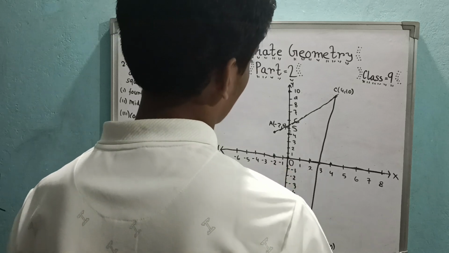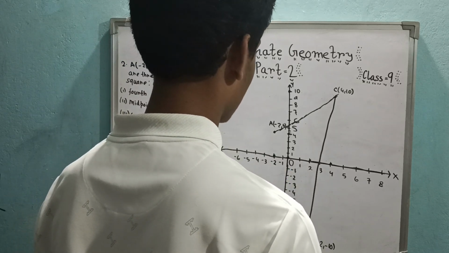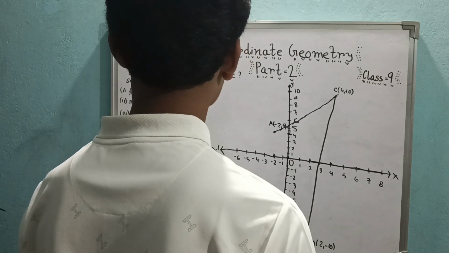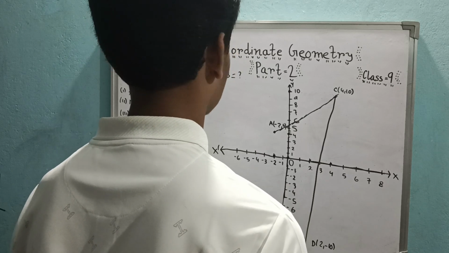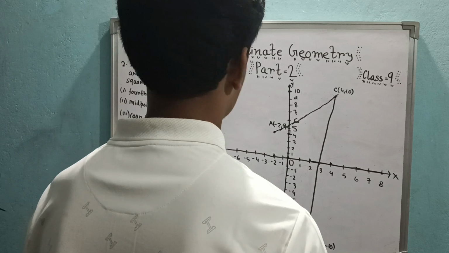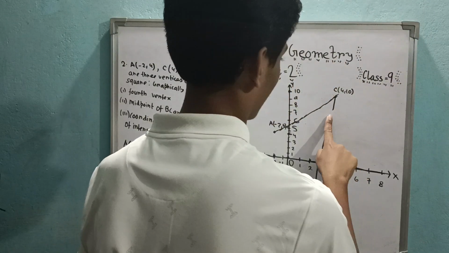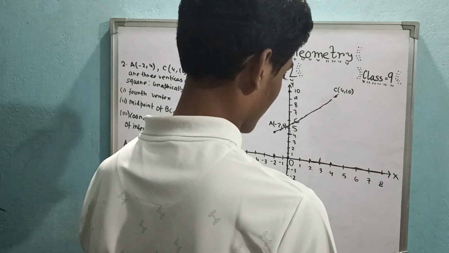Minus 2, 4. Now I'm checking again if I am wrong. ACD. Is it possible for this to be a square?